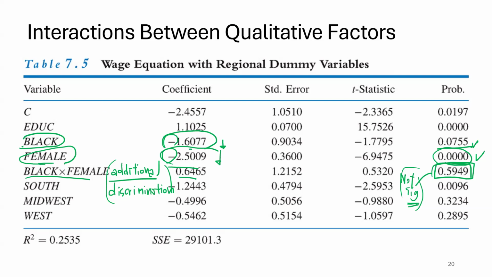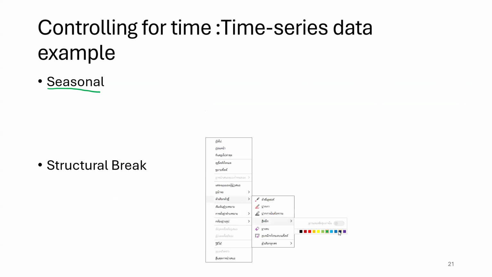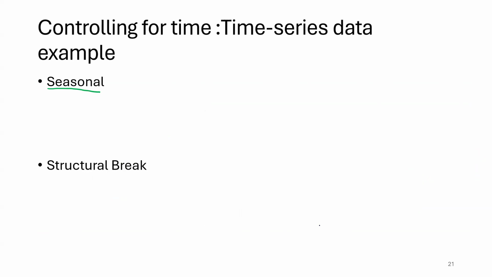Moreover, dummy variables can be used for time series data as well. For example, you can use them for seasons. In the official data in Thailand we have three seasons: winter, summer, and rainy.